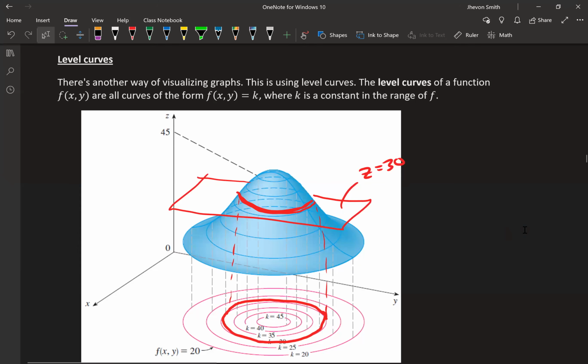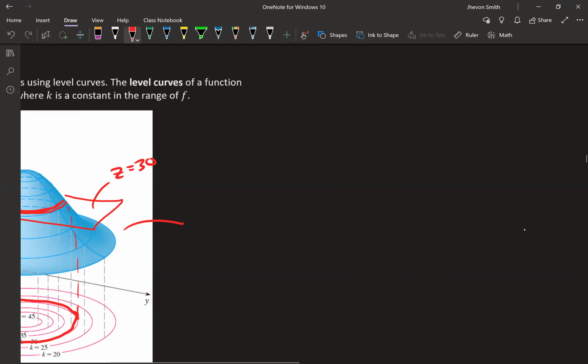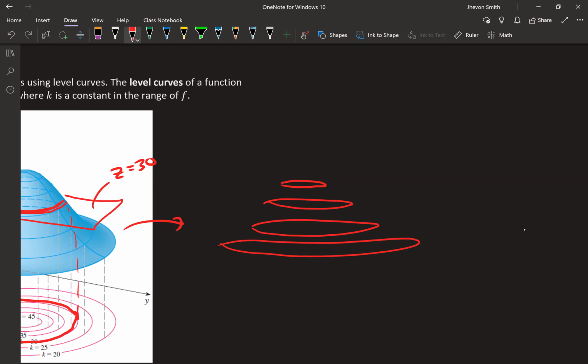So you can actually look at this thing in terms of level curves. So you can think of a bunch of curves, and they kind of trace something out for you. So of course you see what a level curve hopefully is doing.